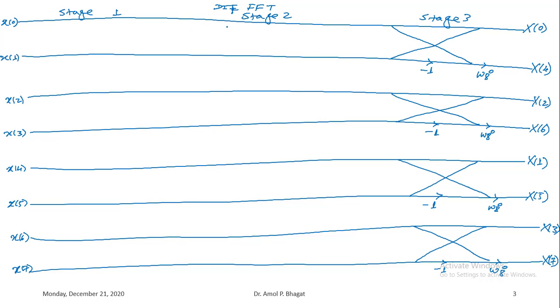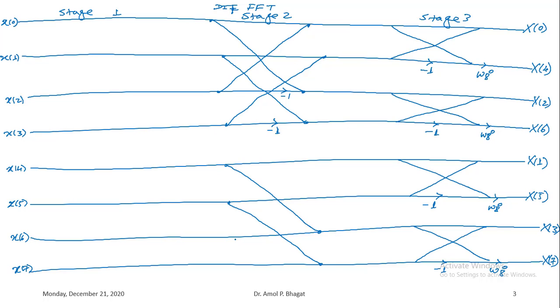Again in stage 2 we are computing 4-point DFT. On the dropping line again -1 will be there. Here again computation of 4-point DFT will be there in stage 2.